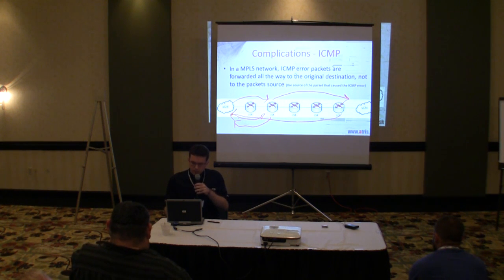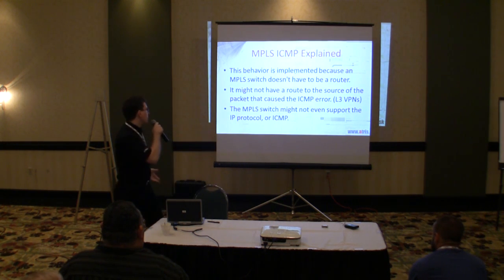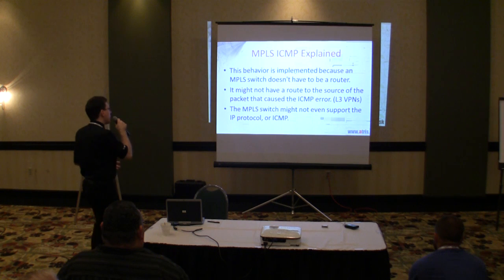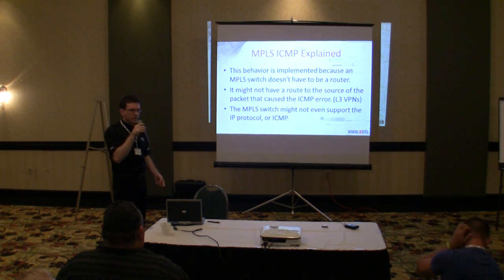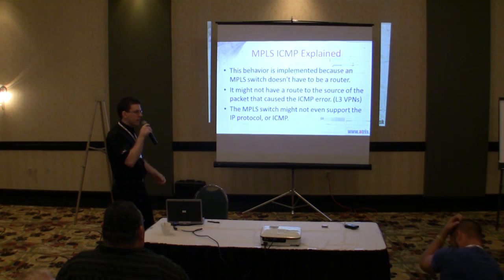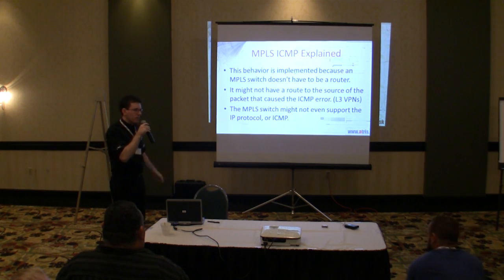So you might be wondering, why is this even an issue, and why would MPLS do this? Well, this behavior is implemented because an MPLS switch doesn't even have to be a router. It's MPLS. It doesn't have to have an IP layer at all. Labels can be distributed other ways than just LDP, which runs on IP.